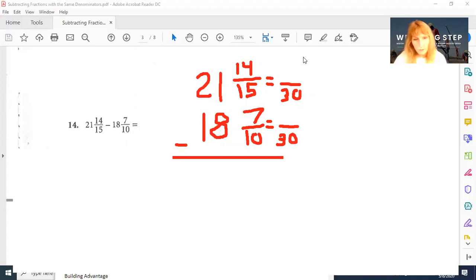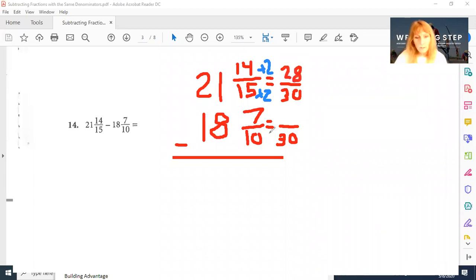And change colors here. 15 times what gives me 30? Yes, 15 times 2 gives me 30. So if I times 2 on the bottom, I'm going to times 2 on the top. So 14 times 2 is 28.